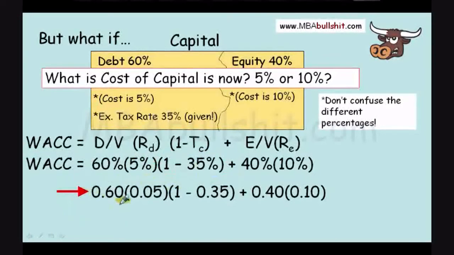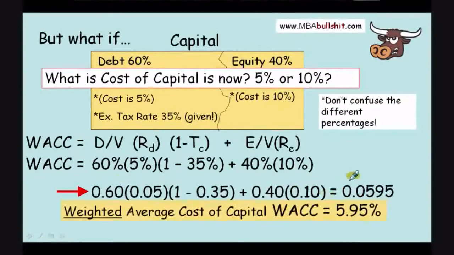Anyway, if we add and multiply all these things together, we will find that the weighted average cost of capital is 0.0595 or 5.95%.